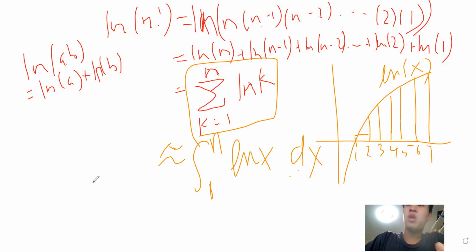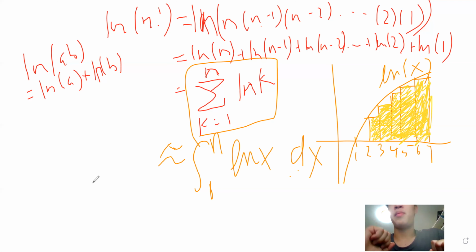What this sum is doing is calculating this area that I'm shading in yellow over here. This is the area that we're summing, and it can be approximated by the integral from 1 to n. And this approximation gets better as n gets larger.